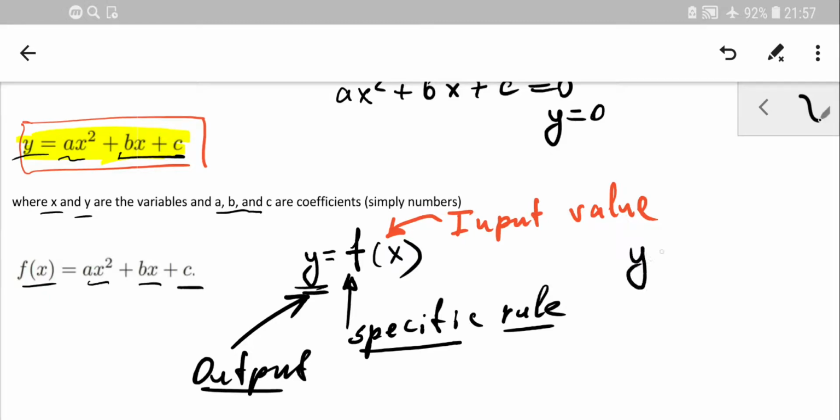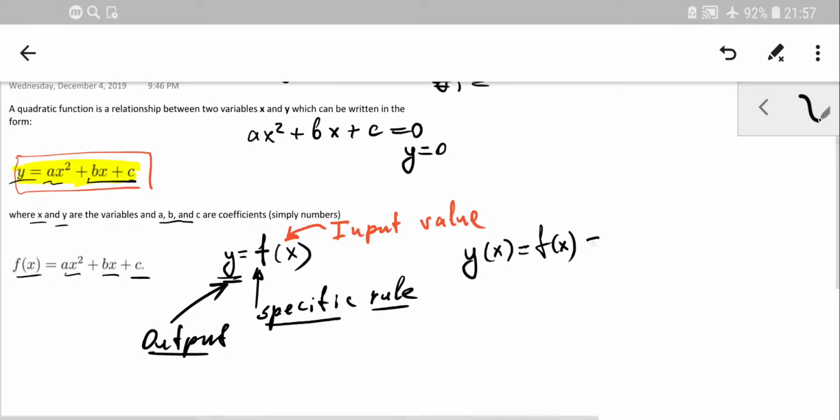Even for straight lines and linear dependency, you might also write y from x or f of x, and in this case you'll have linear dependency ax plus b.